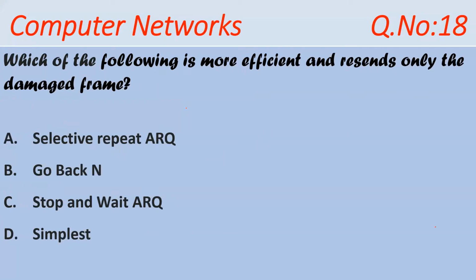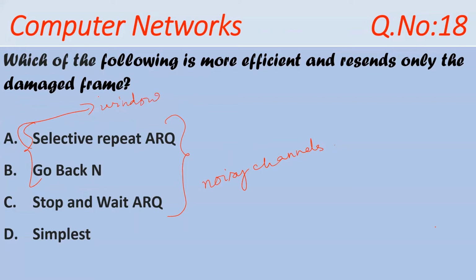So next question is, which of the following is more efficient and resends only the damaged frames? As I told you, these three are the techniques which are used in noisy channels. Of these three, these two are the techniques which use the sliding window protocol.